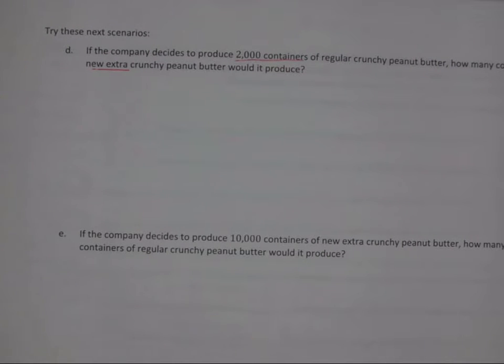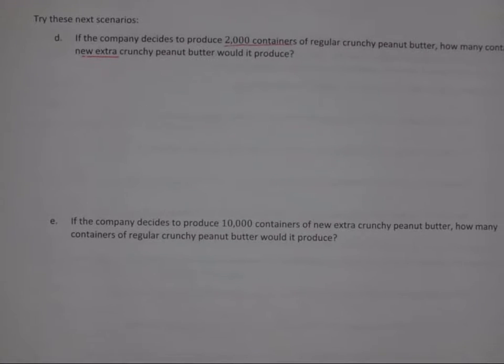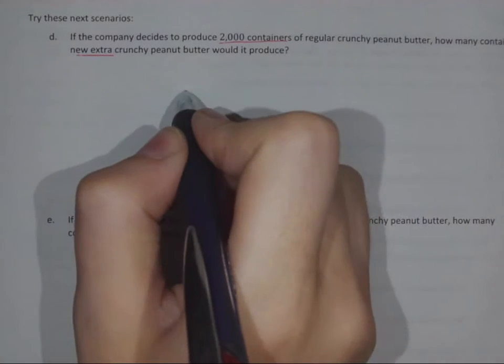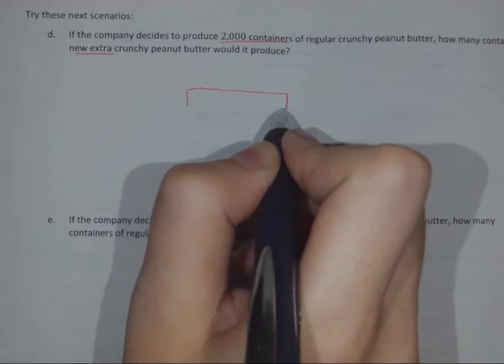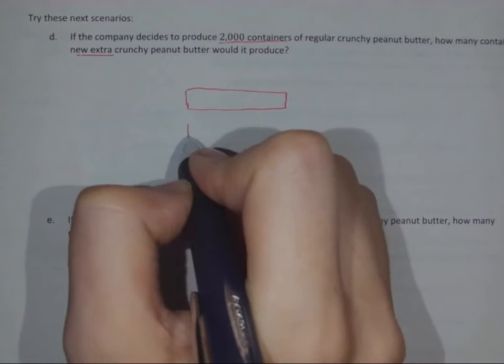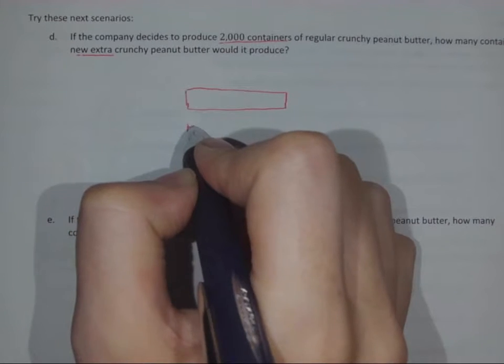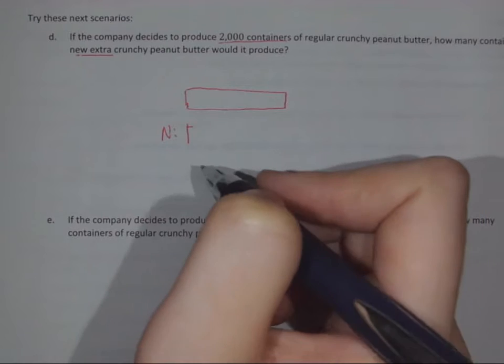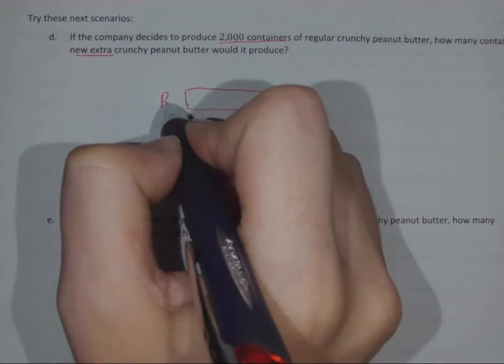Let me pause because I told some of you incorrectly, and that is on me. If I would have read the question carefully, I would have understood that it's asking to compare regular to new. We don't know how many new yet, so I'm going to leave our tape diagram not shorter or longer.